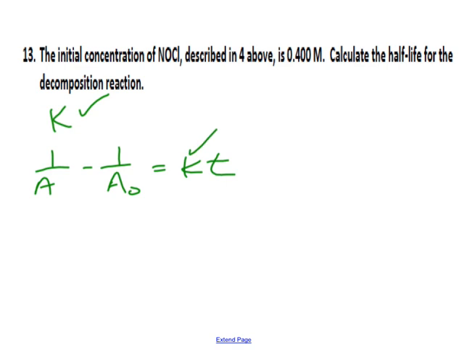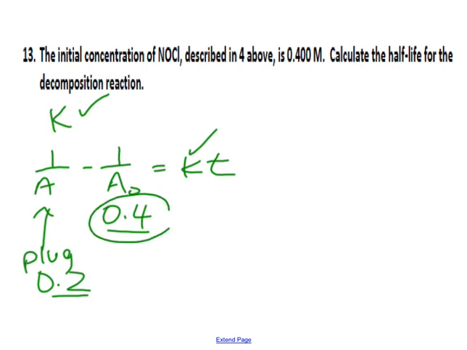I've got K. It says the initial concentration is 0.4. I'm going to plug in 0.2. That's the trick here, because it says calculate the half-life. So you take your original, divide it by 2, and then solve. If you knew the half-life equation by heart, I think it's 1 over A naught K, you could do it with the A naught and the K. But since you might not remember that, just remember to divide that by 2.